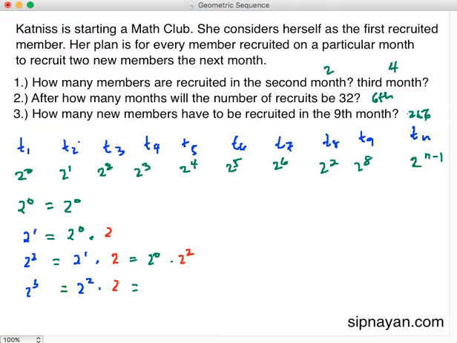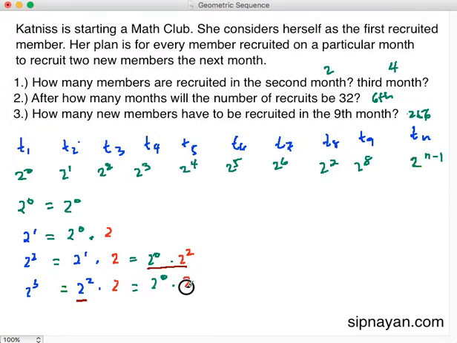This 2 squared here, i-underline natin para hindi kayo malito, is actually this one. Kaso may natira ka pang isang 2 dito. Meaning, 2 to the 0 times 2 cubed.